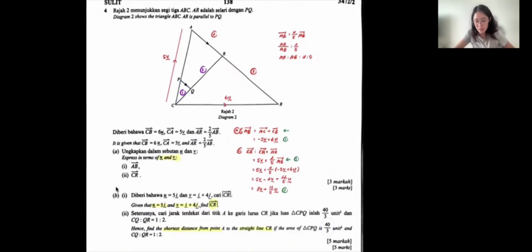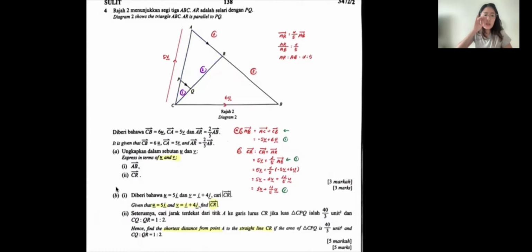So meaning double. But if you're comparing similar triangles, CPQ is similar to CAR. It is an enlargement, right? So this triangle is 1 time, and the bigger one is 3 times because 1 plus 2.